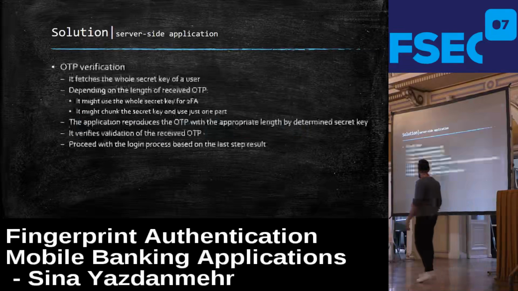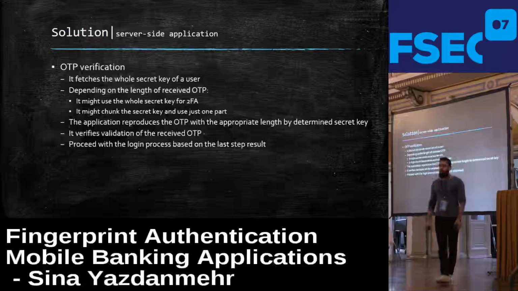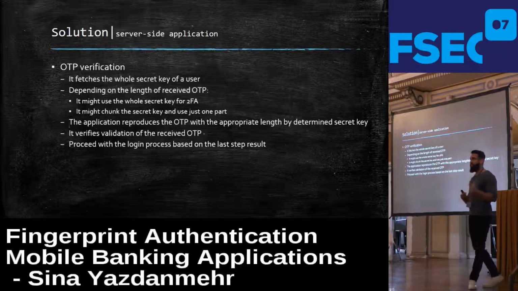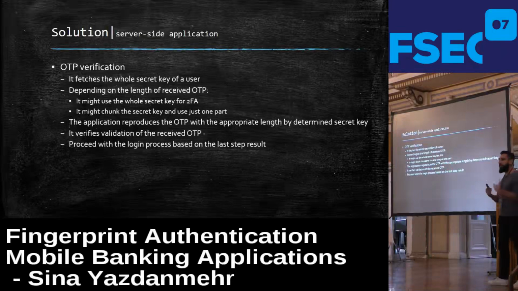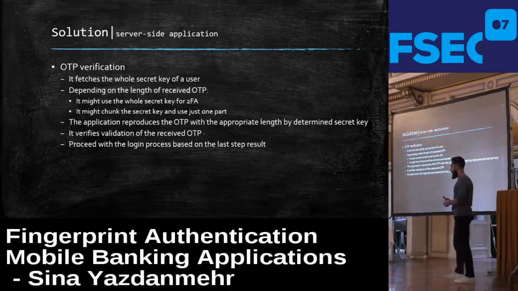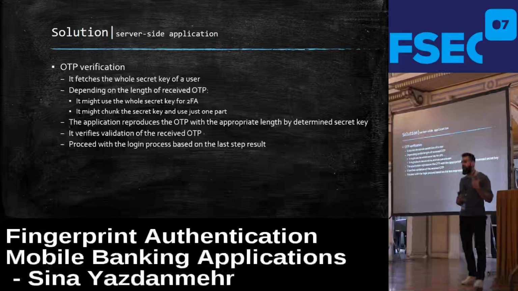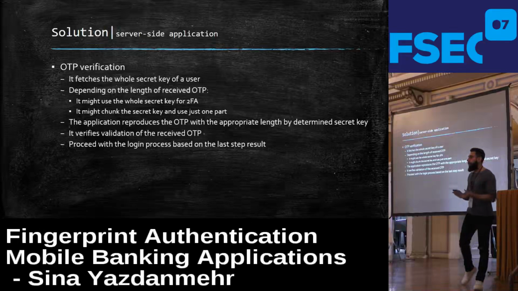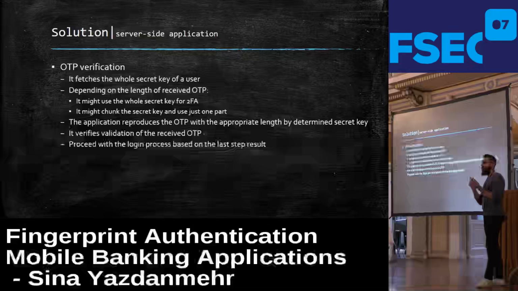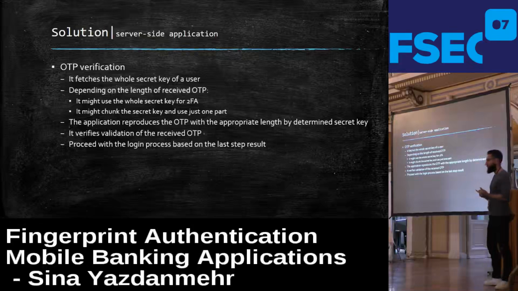But for OTP verification, when the server app receives data for authenticating or signing transactions, based on the length of the received OTP, it decides which part or maybe the whole secret key should be used.